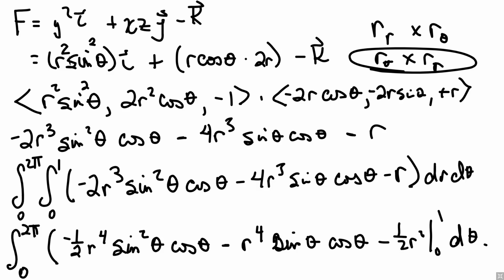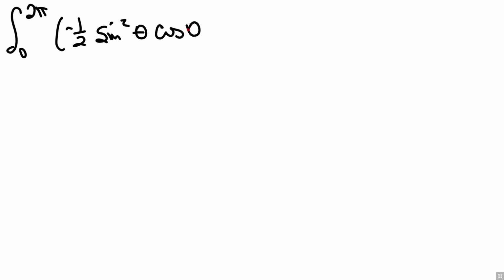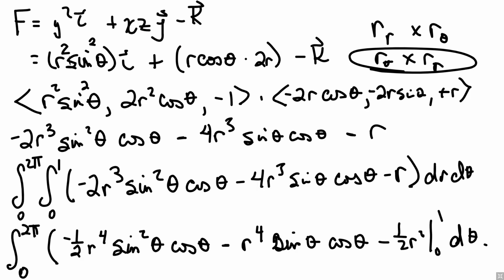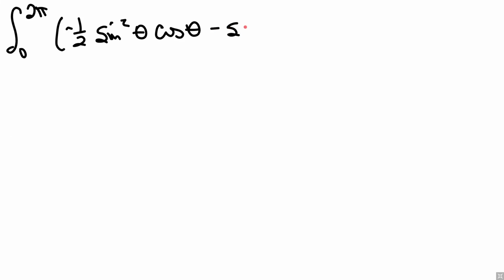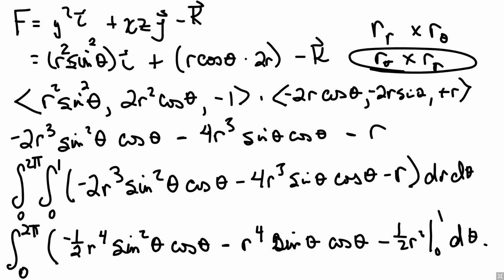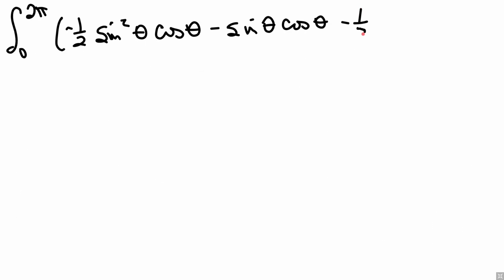So if I plug in 1, this is what I'm going to have: the integral from 0 to 2 pi of -1/2 sine squared theta cosine theta minus sine theta cosine theta, and then minus 1/2, d theta.